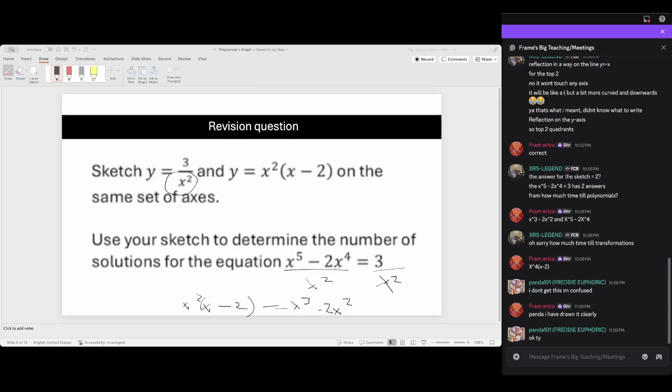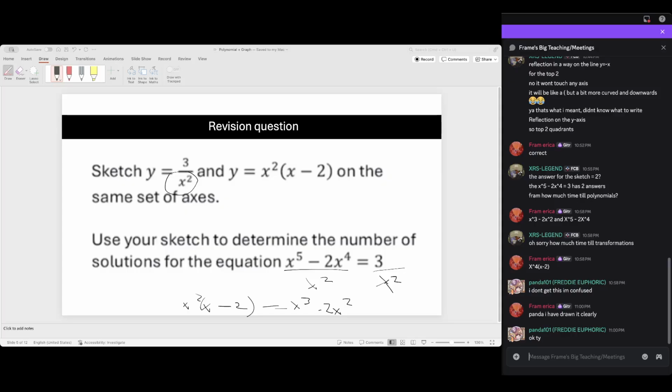You should also be expanding the brackets to show you that it is x to the power 3 minus 2x squared, and you can clearly see the power difference of 2 that is common, and I have divided by x to the power 2, and with some algebra and straightforward manipulations we should be able to see this.